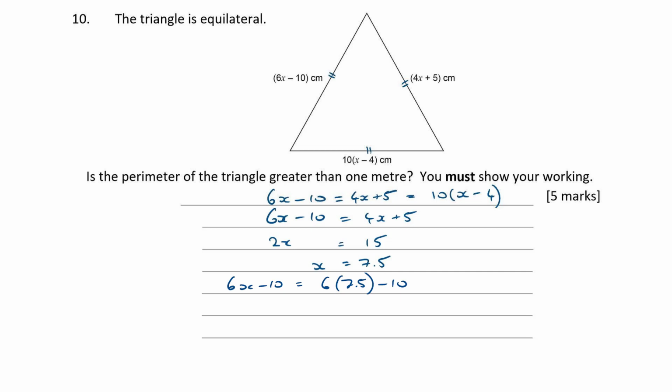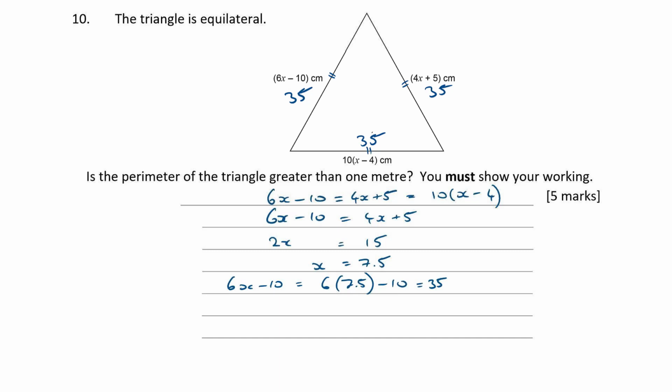So 6 times 7.5 gives me 45, and then 45 subtract 10 is going to be 35. So that side is 35, and because these are all the same, that must be 35, and that must be 35 as well, even if they look a bit different. So the perimeter is going to be 35 plus 35 plus 35, which is 105.